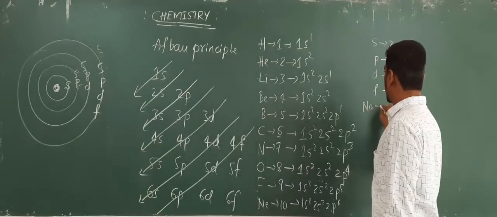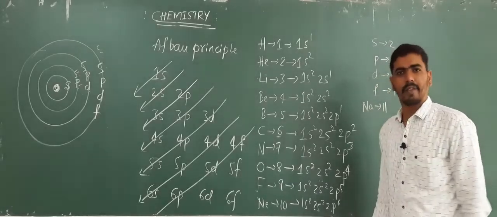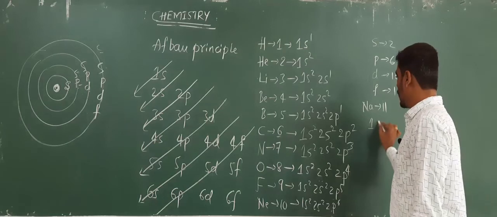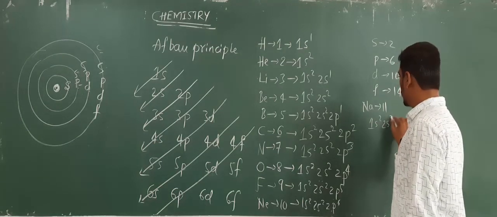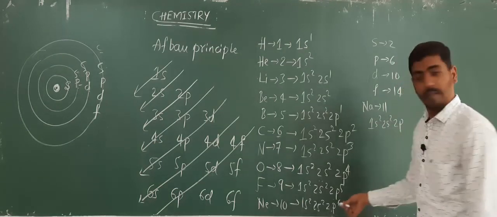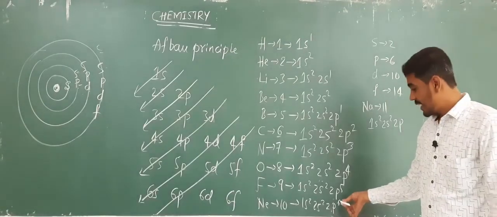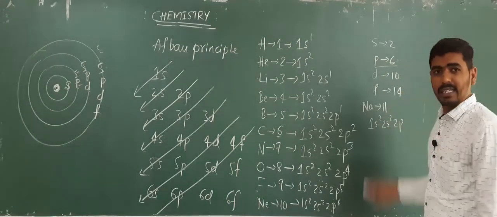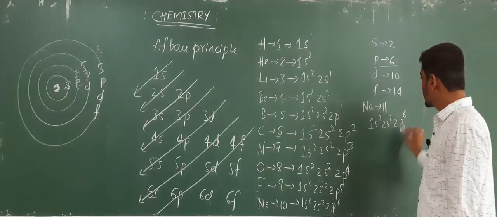Sodium, atomic number 11. So how will you write the electronic configuration? 1s2, 2s2, 2p7. Can we write 7 here? No, because the maximum capacity is 6. So you have to write 6.